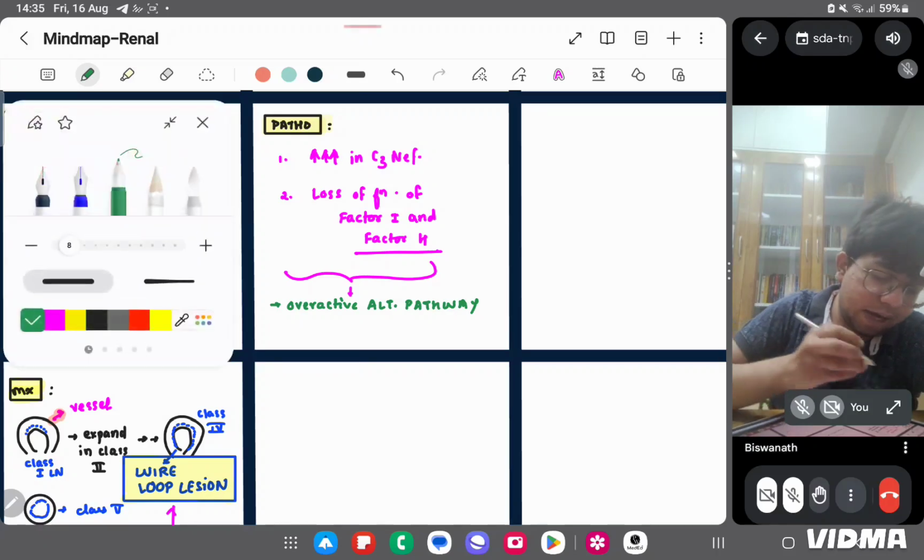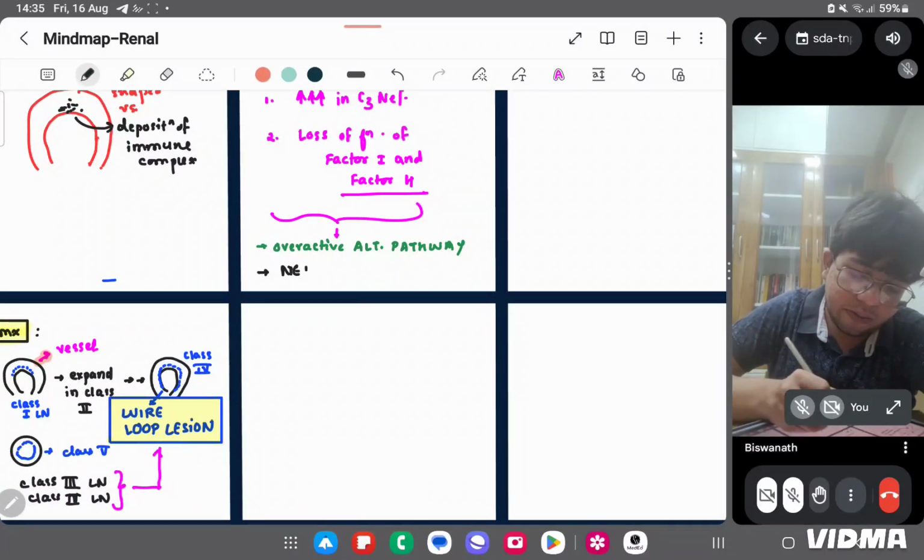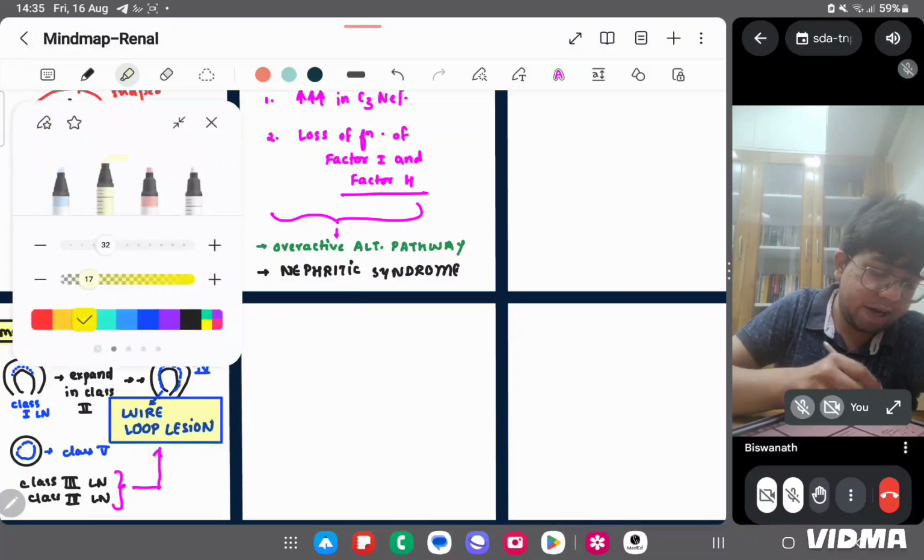And if there is an overactive alternate pathway, what is the syndrome? Nephritic syndrome will be occurring here.